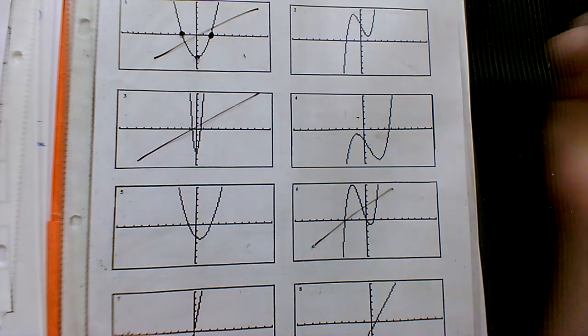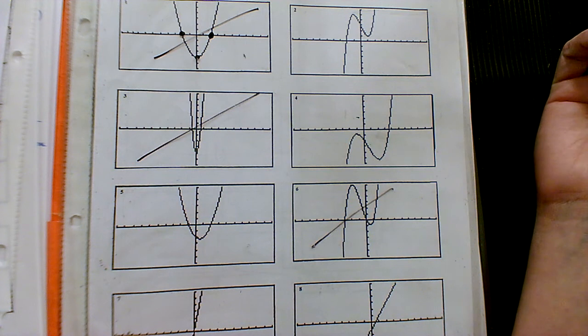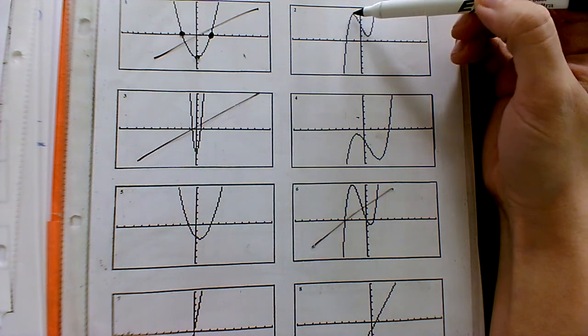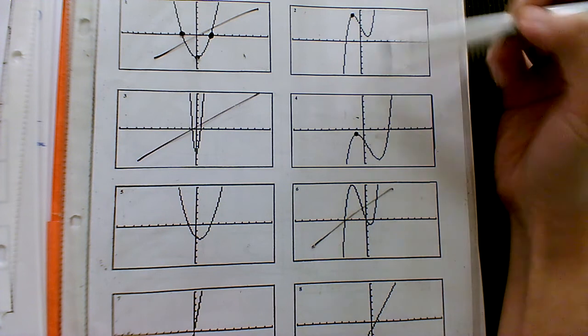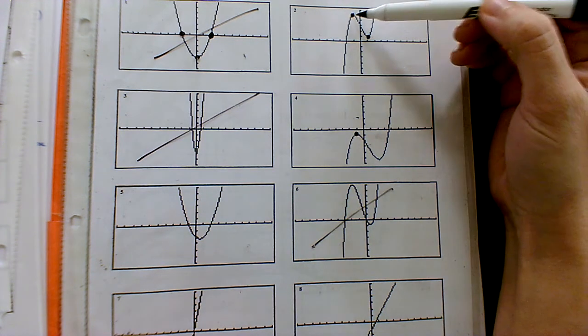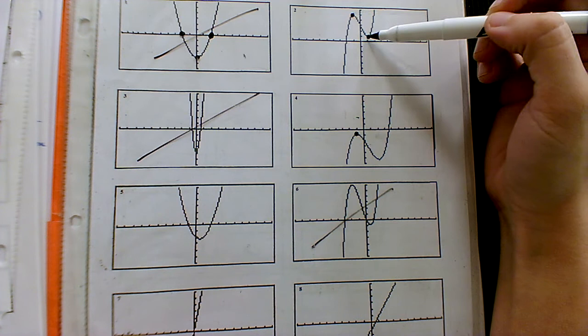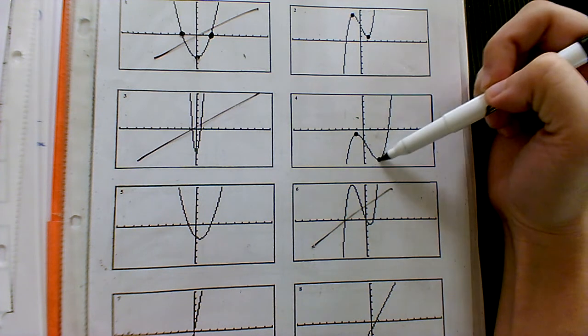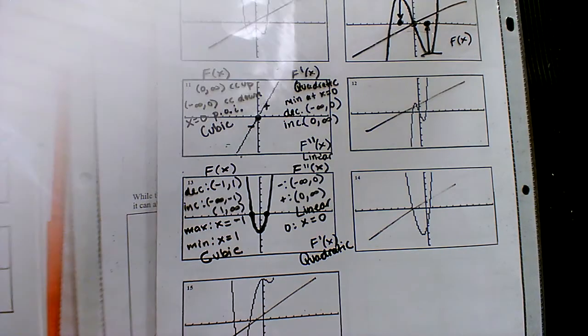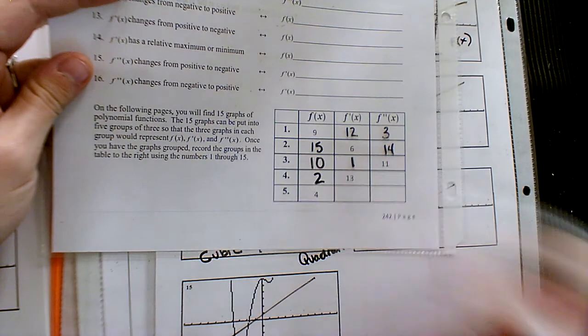Now the only cubic ones we have left are 2 and 4, and unfortunately they both seem to have a max at 1 and a max at -1. Oh wait, this one has a min at 1 and this min's at -2. So can we narrow it down? Number 2 looks good. Okay, so we'll list number 2 right there.